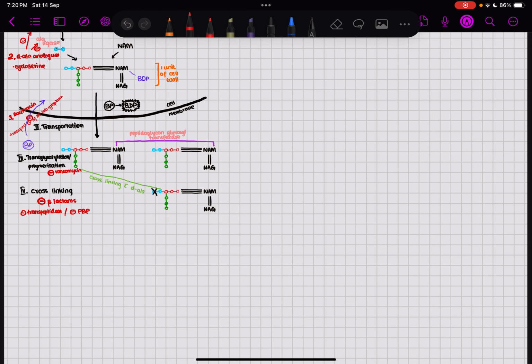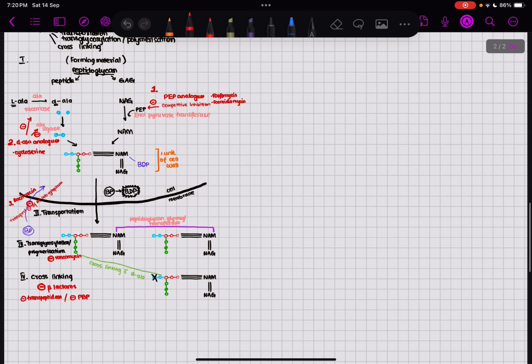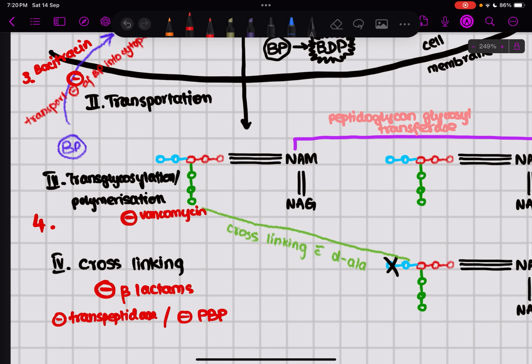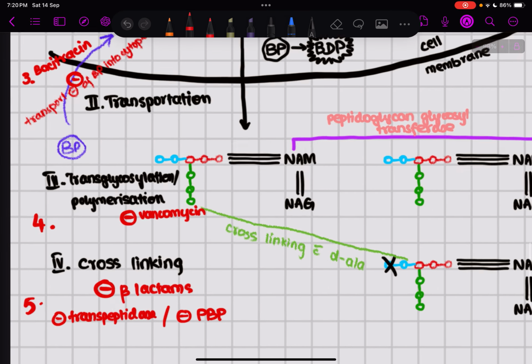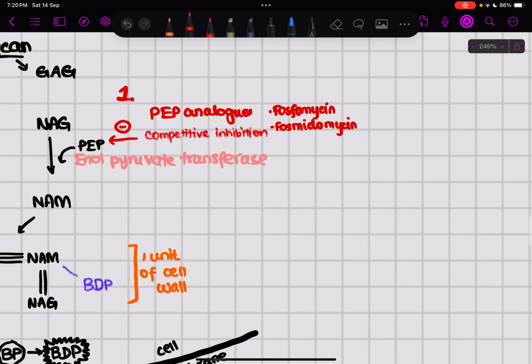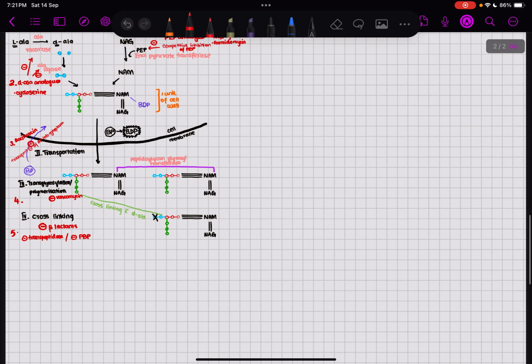With this, the total of inhibition drugs gets over. So we are revising it yet again. First one is PEP analogs, phosphoenolpyruvate analogs. They are by competitive inhibition of phosphoenolpyruvate by phosphomycin and phosmidomycin.